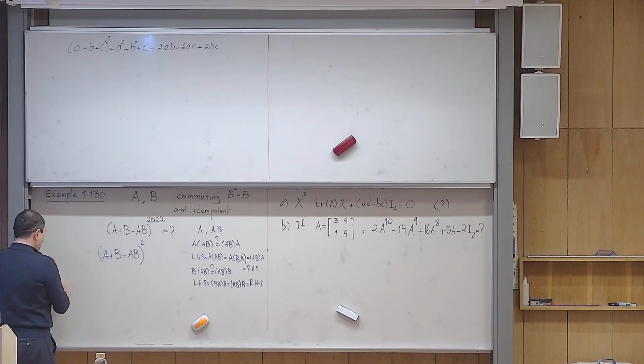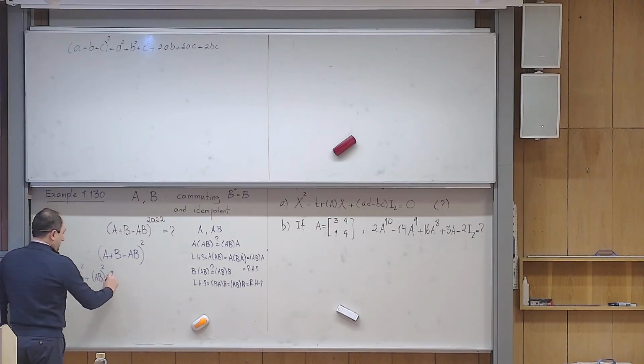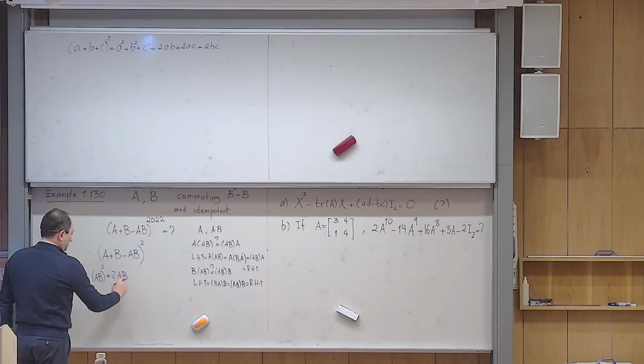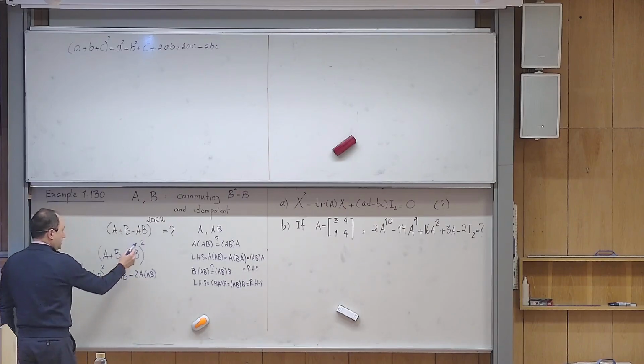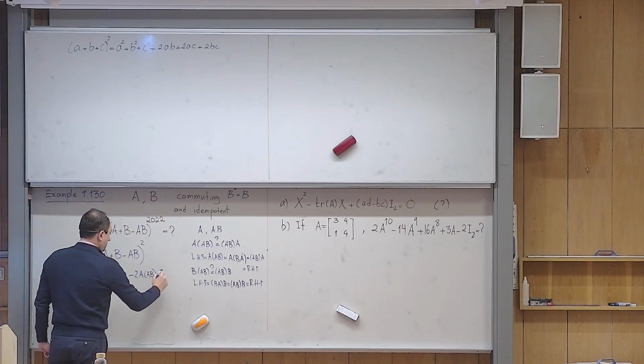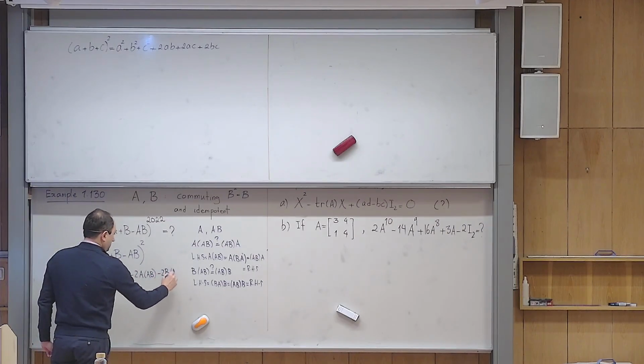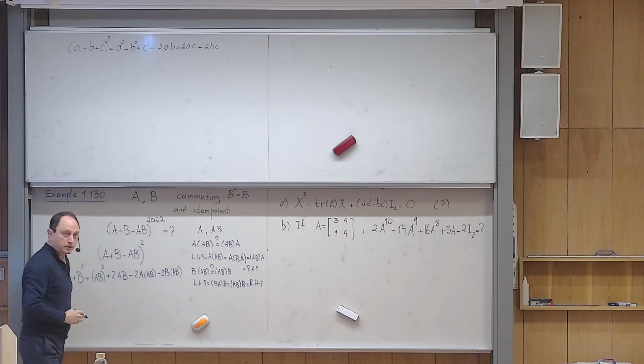So this becomes equal to the first one squared plus the second one squared plus the third one squared, plus 2 times the first one times the second one, plus 2 times the first one times the third one, but because this is negative, it becomes 2A times AB, plus 2 times the second one times the third one, but because again of this minus sign, it becomes negative. Is that clear?